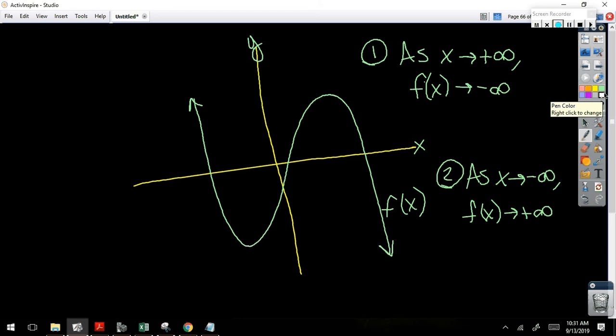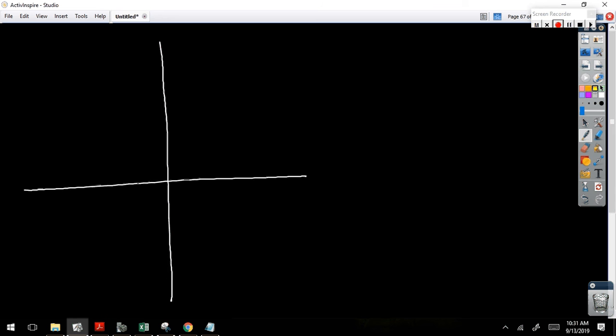Do a couple more. Of course, I'm going to throw some tricky ones up here. Describe the end behavior of f of x.